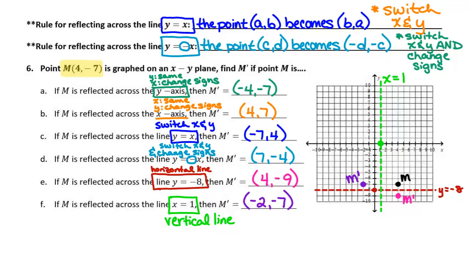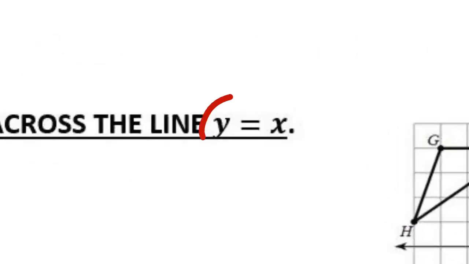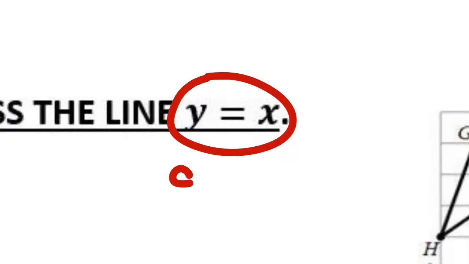All right, let's go look at number 7. Number 7, given the graph to the right, reflect the triangle across the line y equals x. So this line y equals x, as I already mentioned, is a diagonal line.